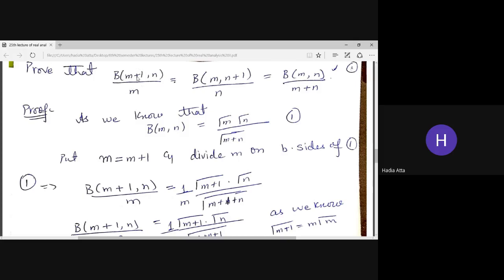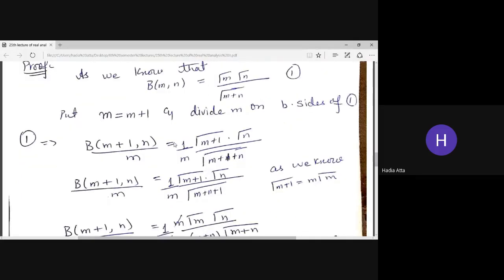Here we have m plus 1 and also a value in the denominator, that is m, so that's why we will divide by m on both sides of equation number 1. So from that we will get beta m plus 1 n divided by m is equal to 1 by m into gamma m plus 1 gamma n divided by gamma m plus 1 plus n.